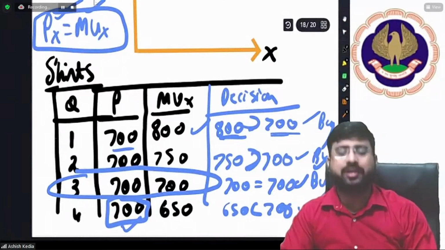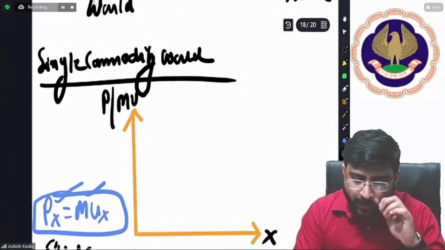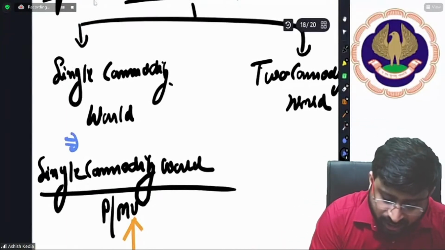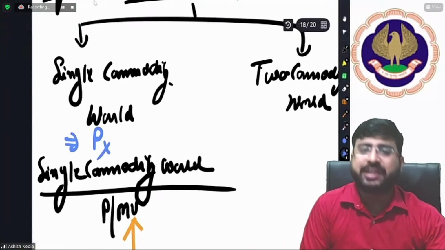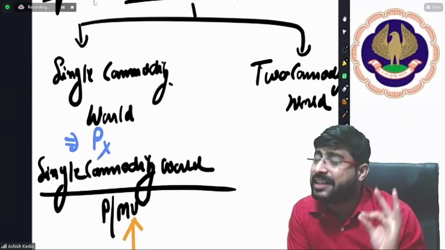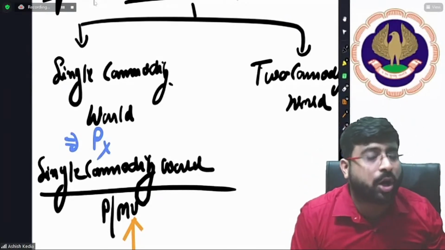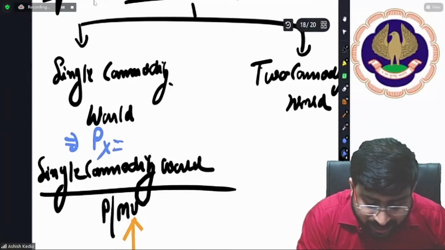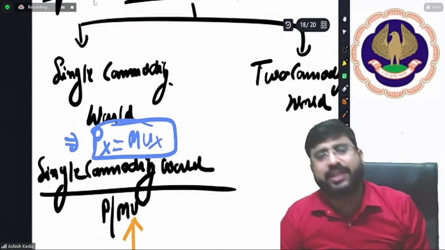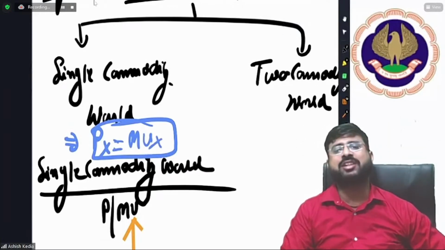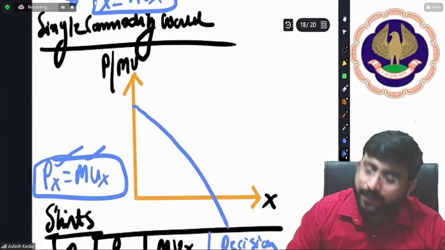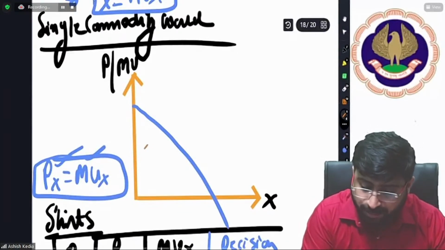So simply speaking, in single commodity world, if the consumer wants to achieve equilibrium, what is the trick? The price of the commodity is assumed to be constant. So the point at which price is equal to marginal utility, that is the point where satisfaction is maximized. So let's say this is marginal utility. Now price is constant, mind you.